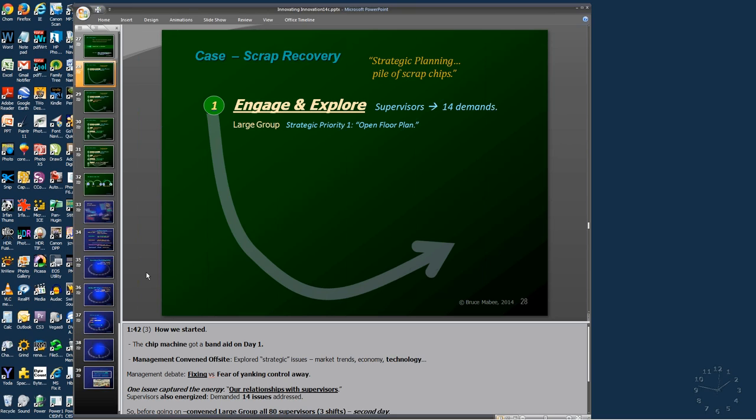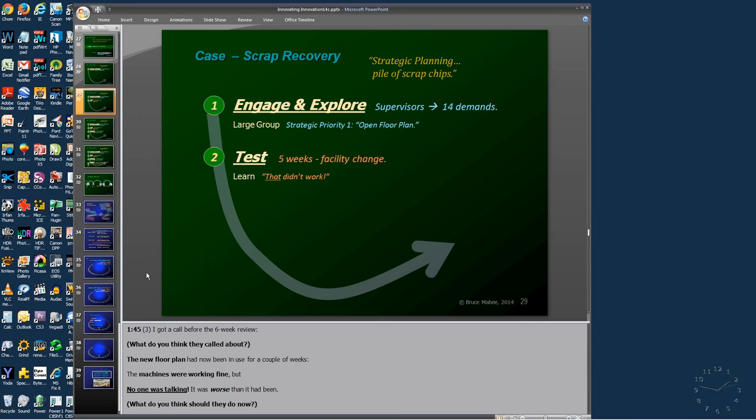Okay. I'm going to tell you, because of our time here, that the top management group agreed to go with those demands. And they ended up having a powwow of all 80 supervisors, and there were 5 different plans that were developed in a 3-day period with all 80 supervisors and all top managers.